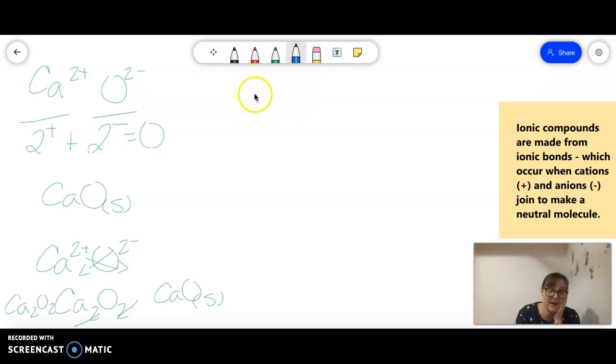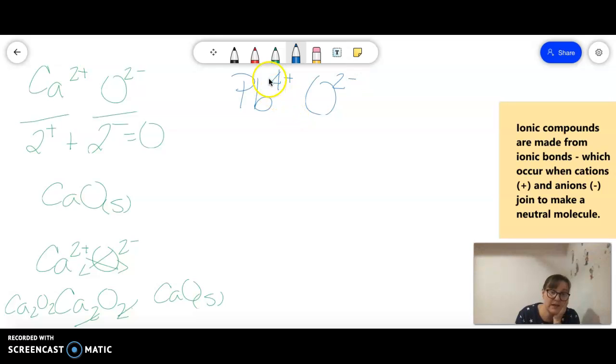So the only time that this doesn't work is when those charges are already balanced when you start, or you need to have less. So the second example would be if you had lead, so Pb4+ and O2-.